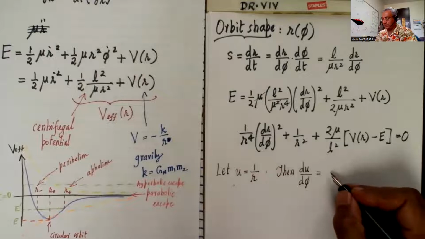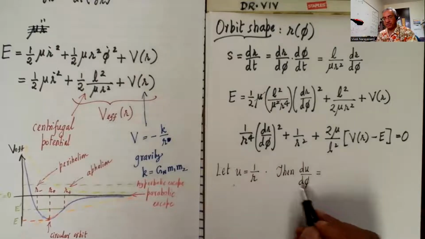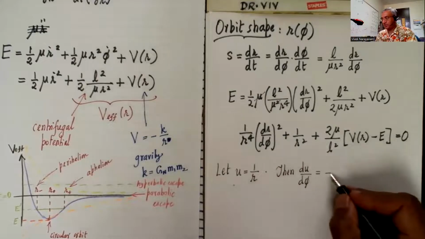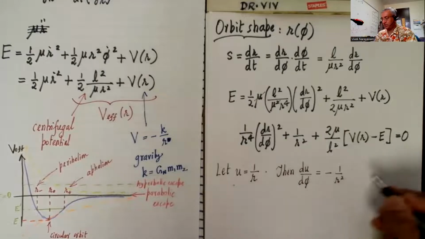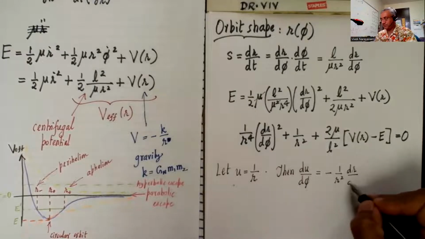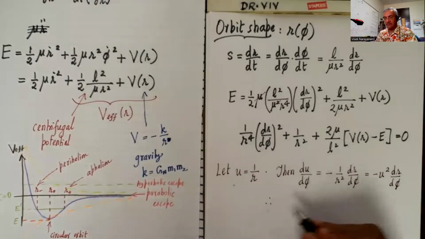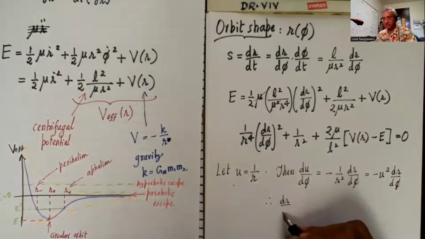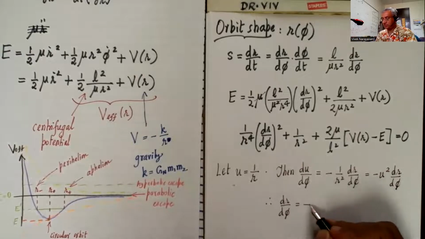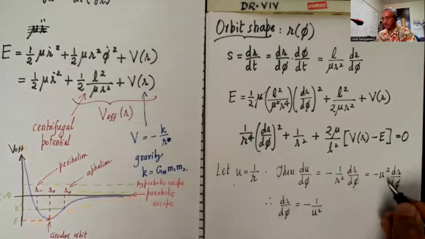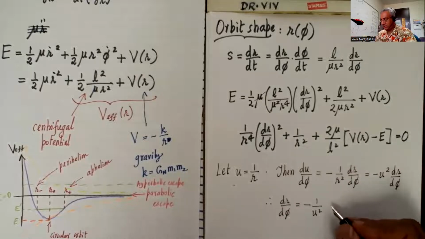By chain rule, the rate of change of u with respect to phi, because u is 1 over r, that's going to be negative 1 over r squared times dr by d phi. Well, 1 over r squared is u squared, so it's negative u squared dr by d phi. Therefore, I found out what dr by d phi is. Dr by d phi is none other than negative 1 over u squared, taking this to the other side, du by d phi.